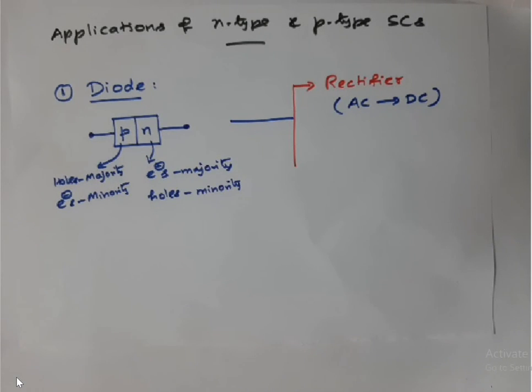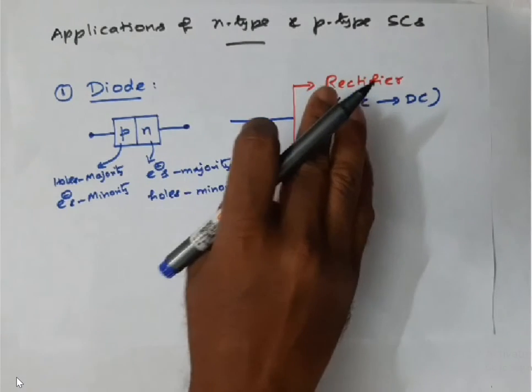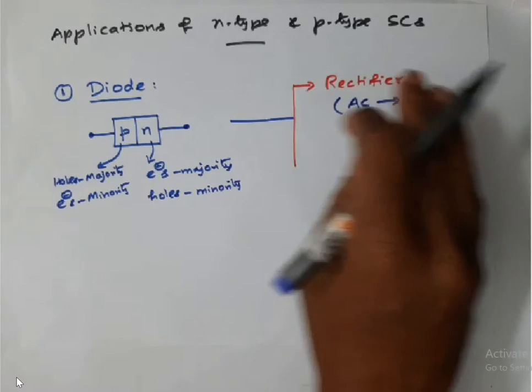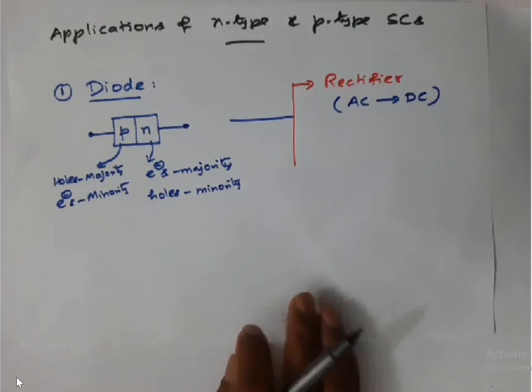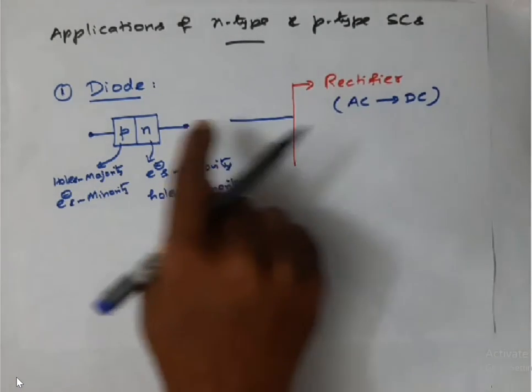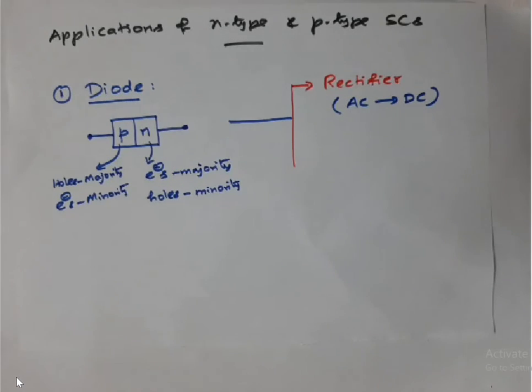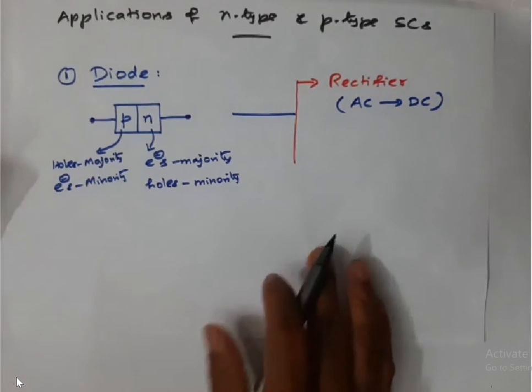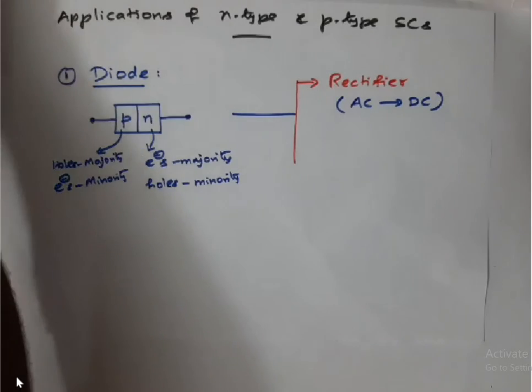What we get from the plug point is AC. Therefore every equipment must contain a rectifier, which converts the AC current into DC current. For the conversion of AC to DC, we use diodes. Then not only for this, we have other applications.